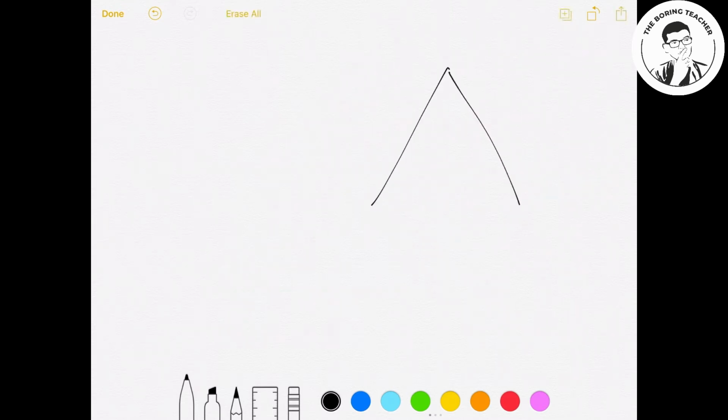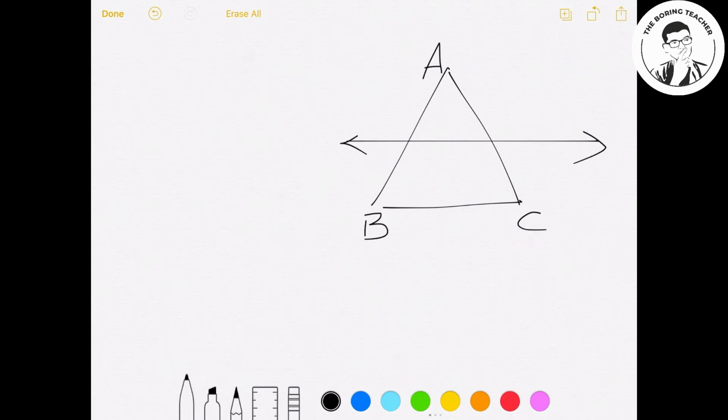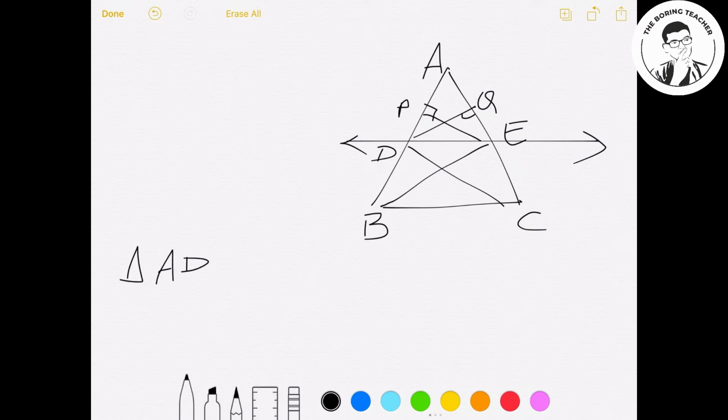Okay, now I want you to focus on a pair of triangles, that means two triangles at a time. I'm writing the name over here: triangle ADE and another triangle BDE. That means the upper triangle ADE and the triangle BDE, this left side triangle.